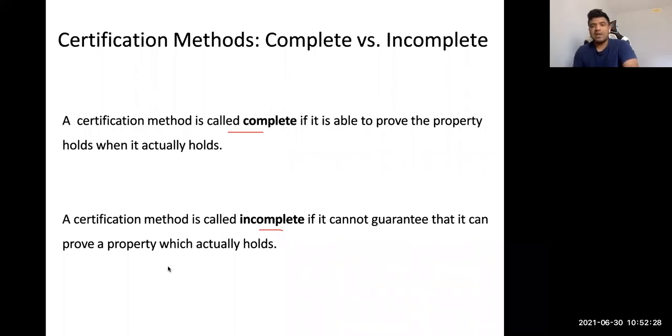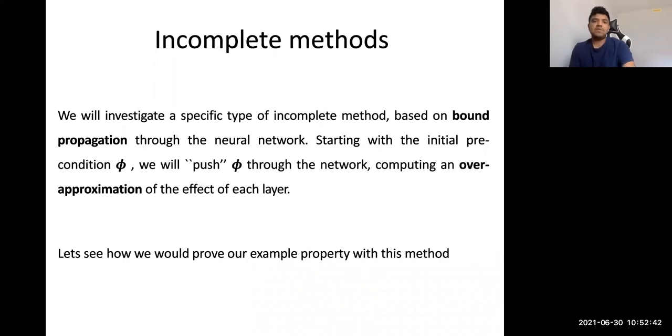So if it says that the property doesn't hold, it's not guaranteed that the property does not hold. We will touch on the incomplete methods and see how this works.